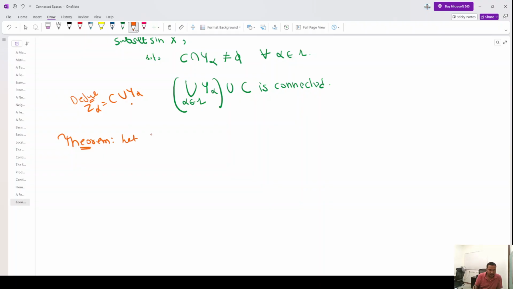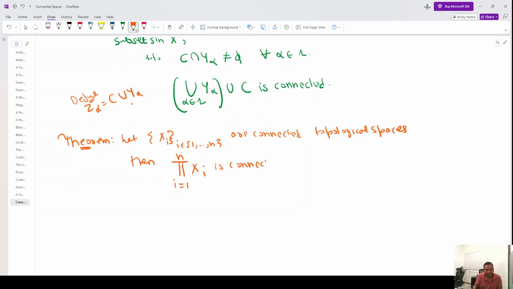So let X_i, with i say in 1 to n, be connected topological spaces. Okay, then the product of these is connected. So that is what we have to show.